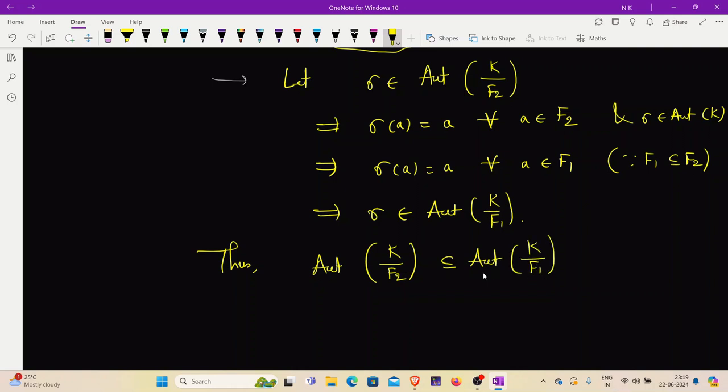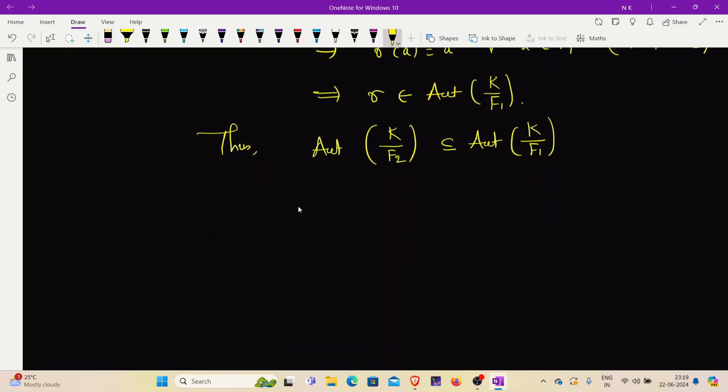But the interesting point is that Aut of K over F2 is a subset of Aut of K over F1, but Aut of K over F2 is also a subgroup of Aut of K, because it is again a subset of the set of all automorphisms of K, right? So the fact that I want to clarify here is this. See, this is your set of all automorphisms of K, right?